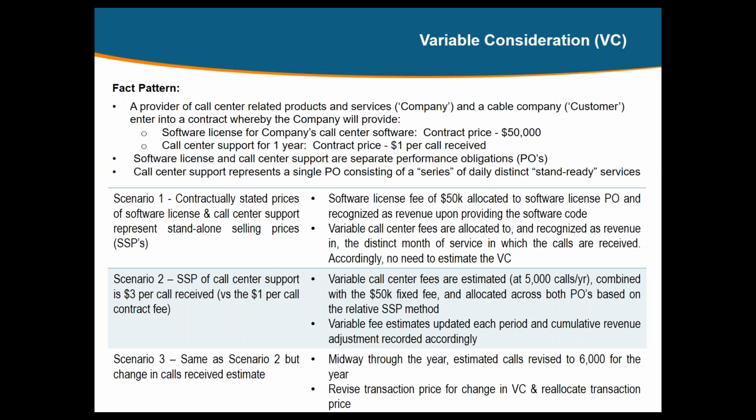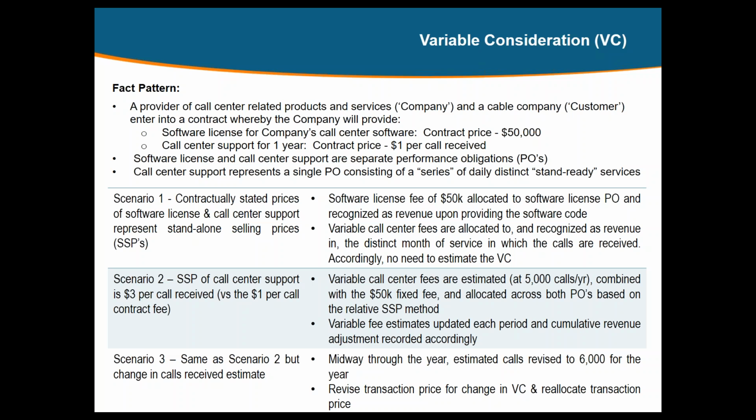One exception to that is if the variable consideration clearly relates to one or more performance obligations, or one or more distinct goods or services in a series, and it's consistent with the overall allocation objective, you would allocate that variable consideration just to the distinct goods or services within the series.